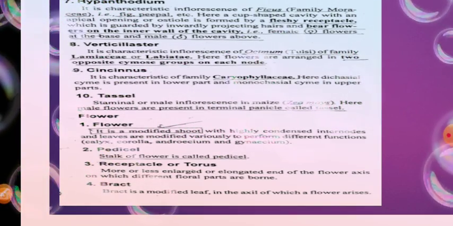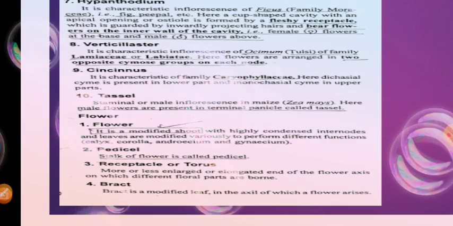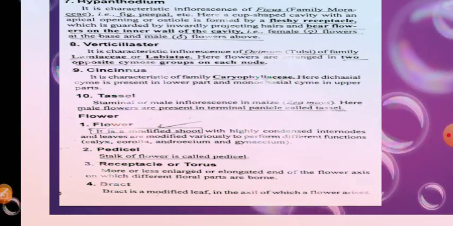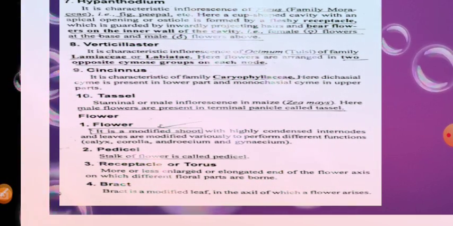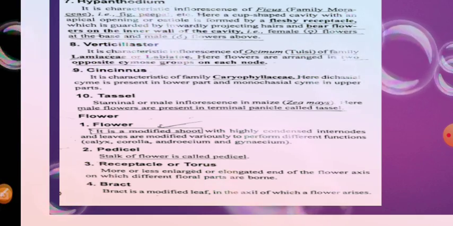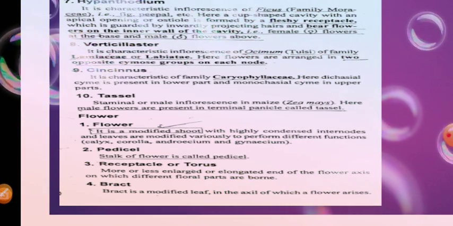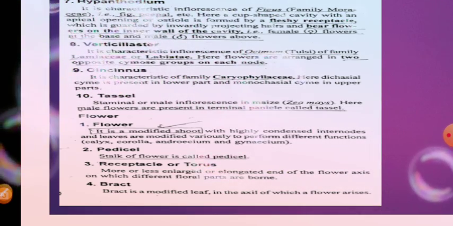Then we come to the flower. It's the reproductive organ of a plant. Here are the four important parts of the flower: the calyx, corolla, androecium and gynoecium. A complete flower consists of a calyx, corolla, androecium and gynoecium.